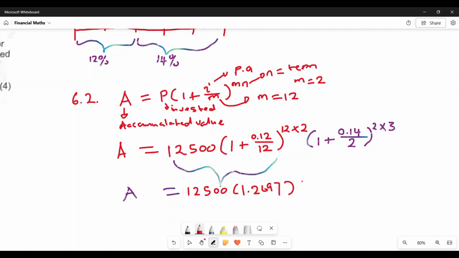And then the other one will be 1 plus 0.14 divided by 2, raised to the power 2 times 3.